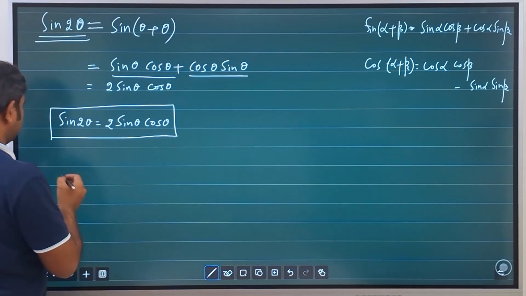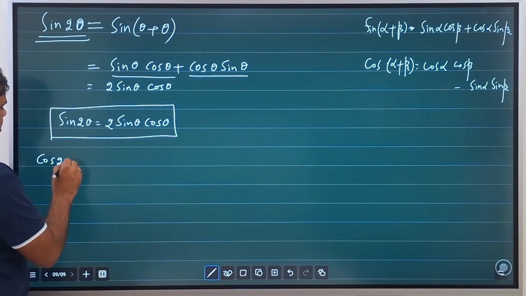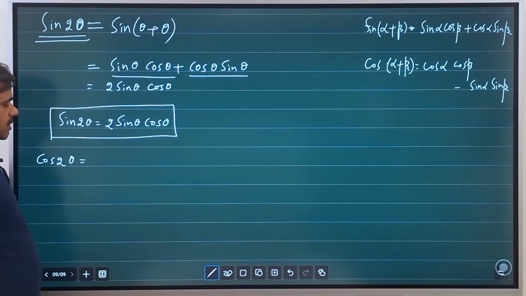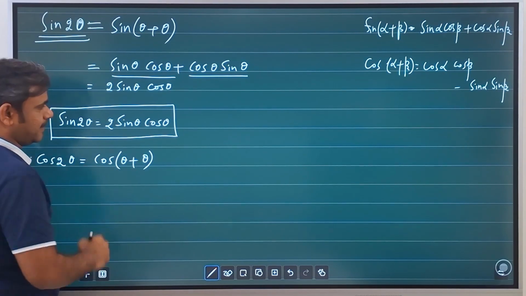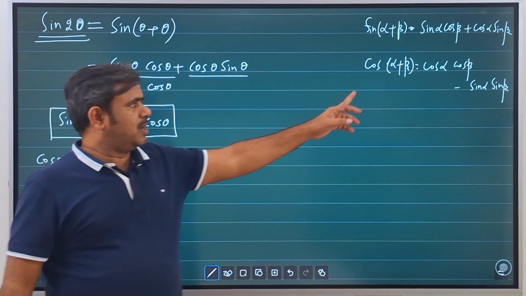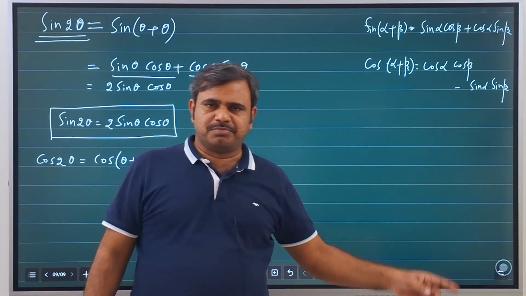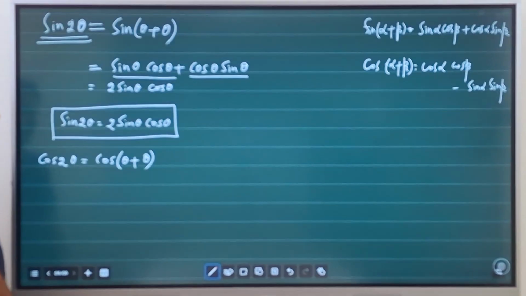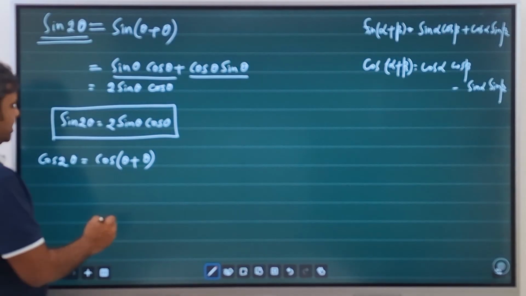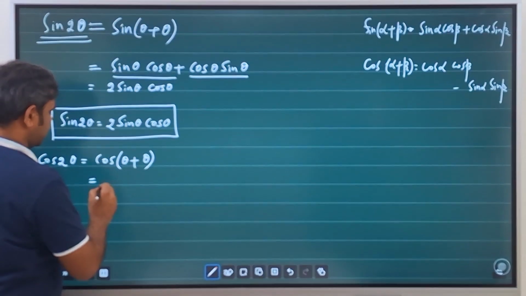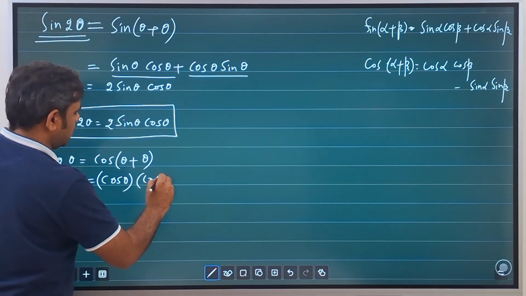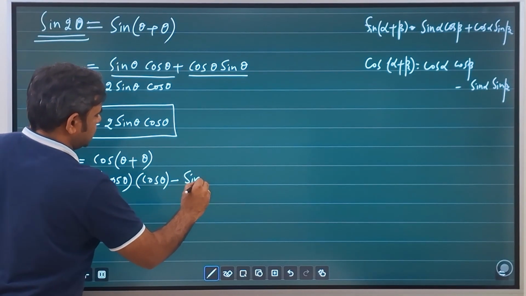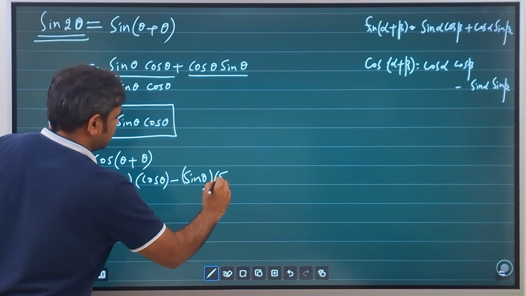Next, similarly, cos 2 theta is equal to cos theta plus theta. Alpha is equal to theta, beta is also equal to theta. Cos theta plus theta is, applying that here, cos theta into cos theta minus sin theta into sin theta.